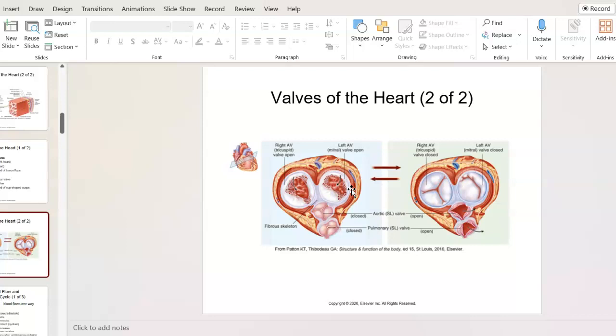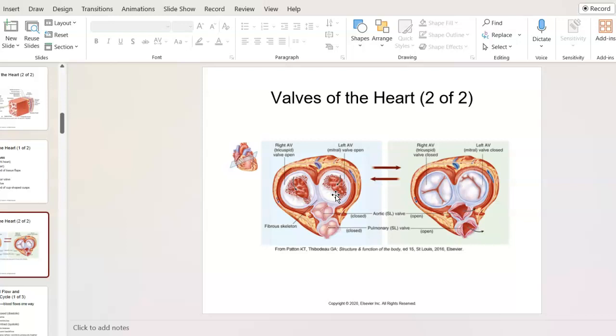I'm going to show you pictures and maybe a video of the blood flowing from the atria down to the ventricles. And we've got to keep it in the ventricles. Ergo, the aortic and the pulmonary semilunar valves need to be closed, because pulmonary goes to the lungs and aortic goes to the body. We're not ready yet. We're just transferring blood from the atria to the ventricles.